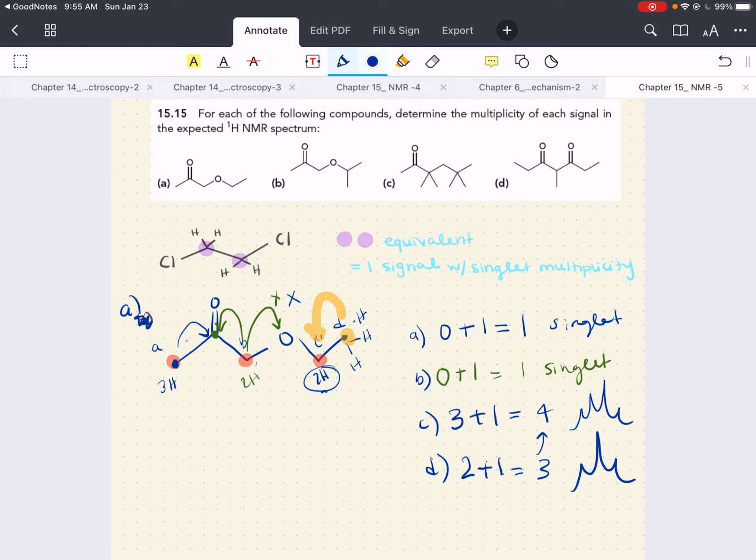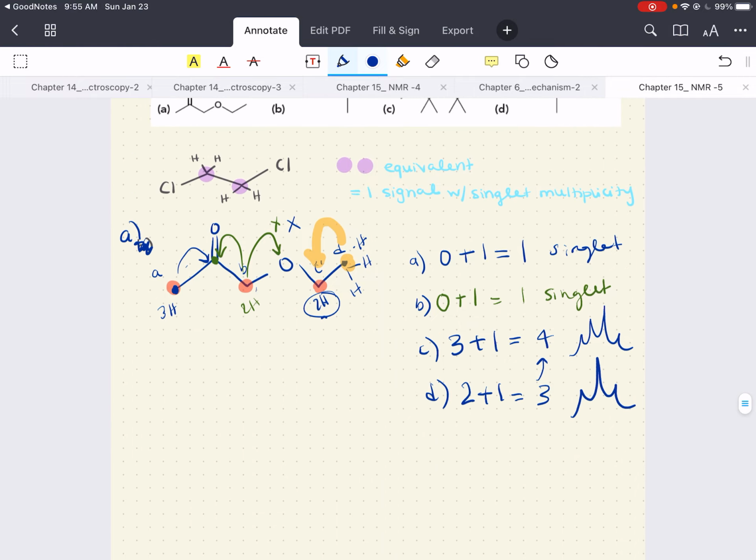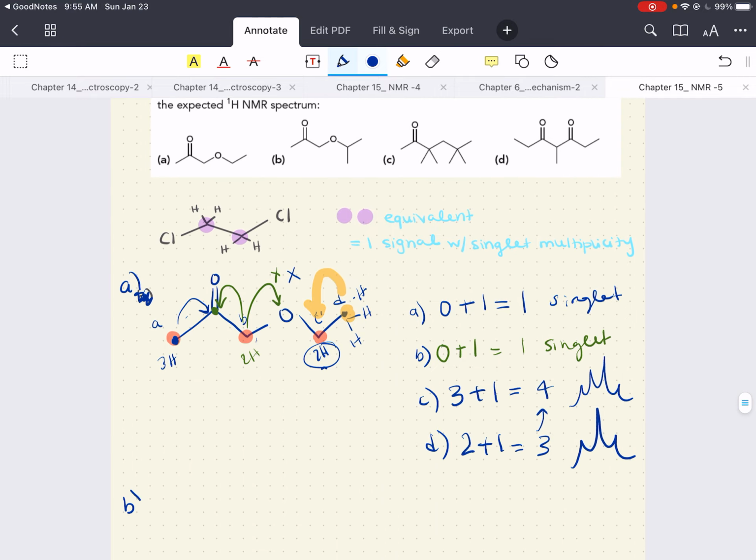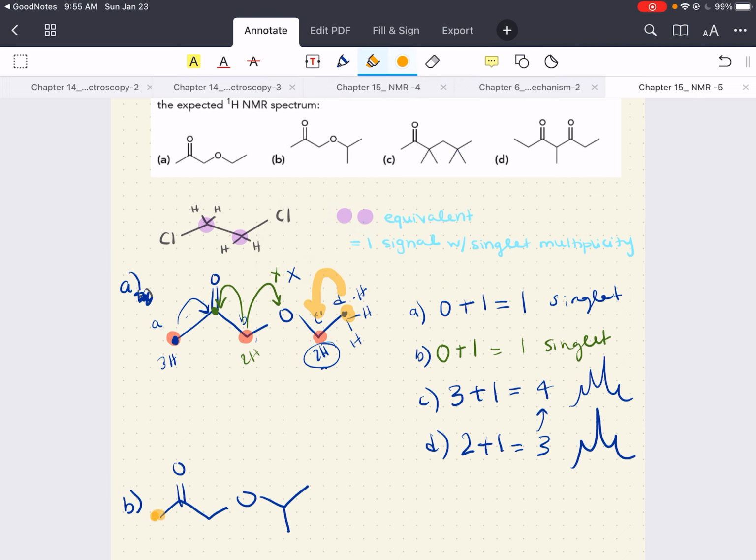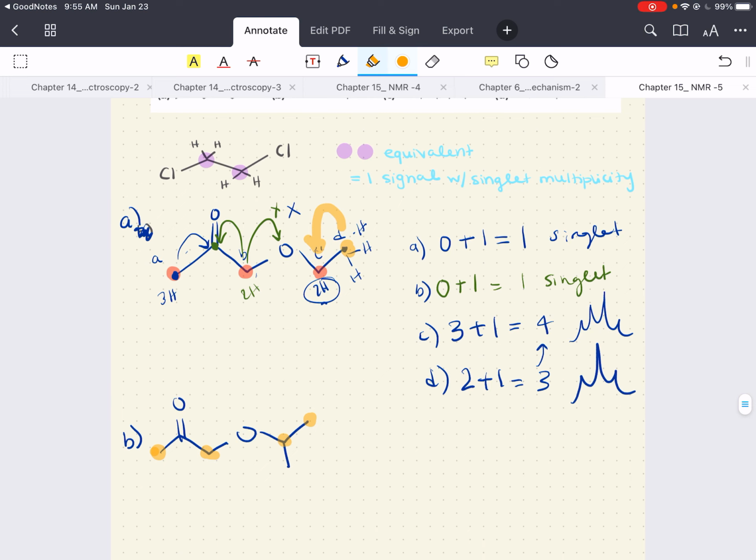Let's do one more. Let's do B. We're going to draw out B right here. We're going to get really good at this. We have 4 hydrogen positions, so we're going to have 4 unique hydrogen signals here.